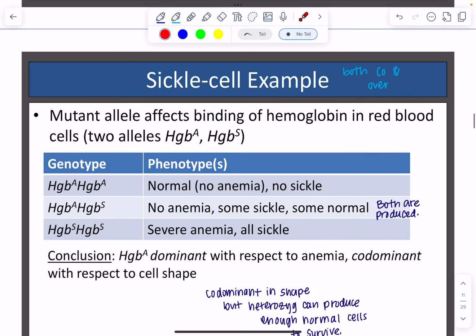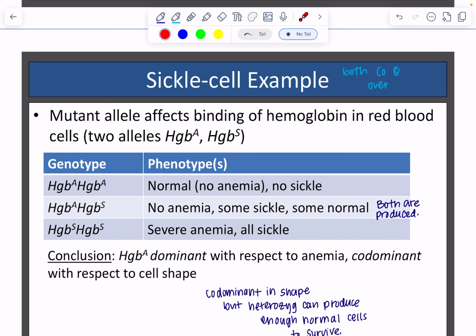Let's move on. Sickle cell anemia is another example of co-expression because you get both types of hemoglobin: hemoglobin A and hemoglobin S. If you have both hemoglobin A's, you have normal.